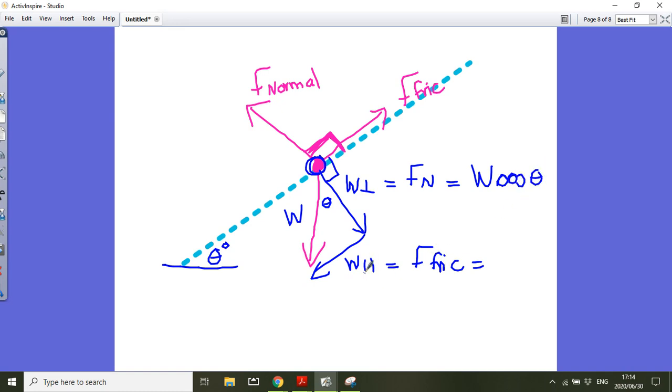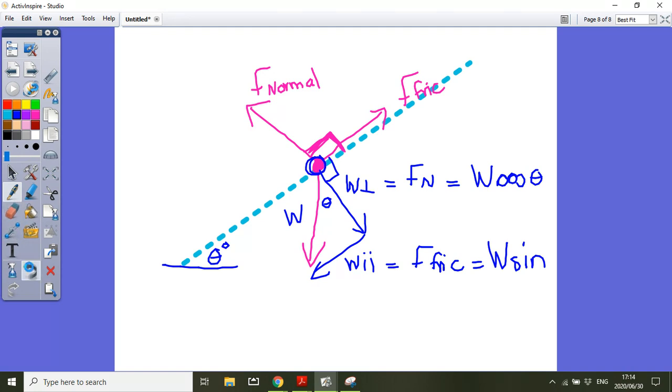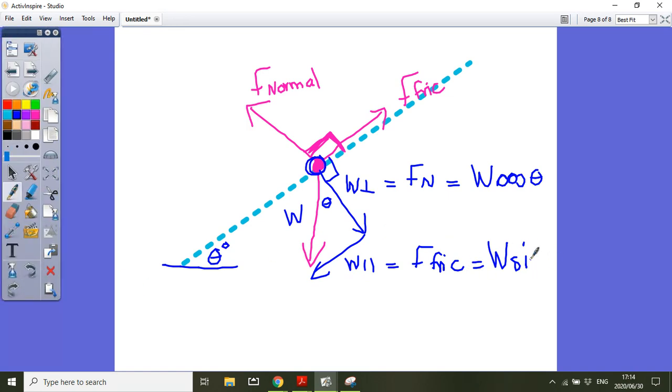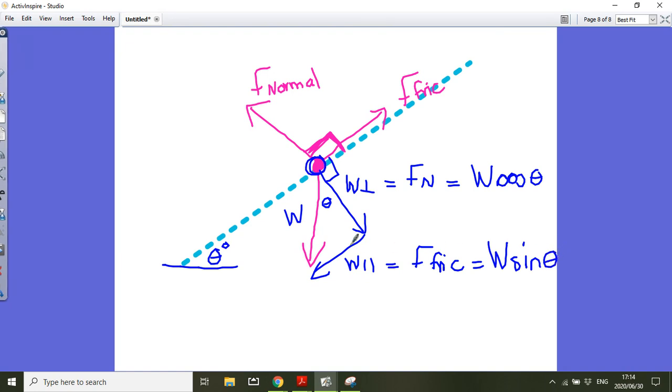You can figure out a way to remember it, or you can just always draw your triangle because that will always make sense. Opposite over hypotenuse is sine, so that's going to be W sine theta. And this is how you're then going to work out the forces on a slope.